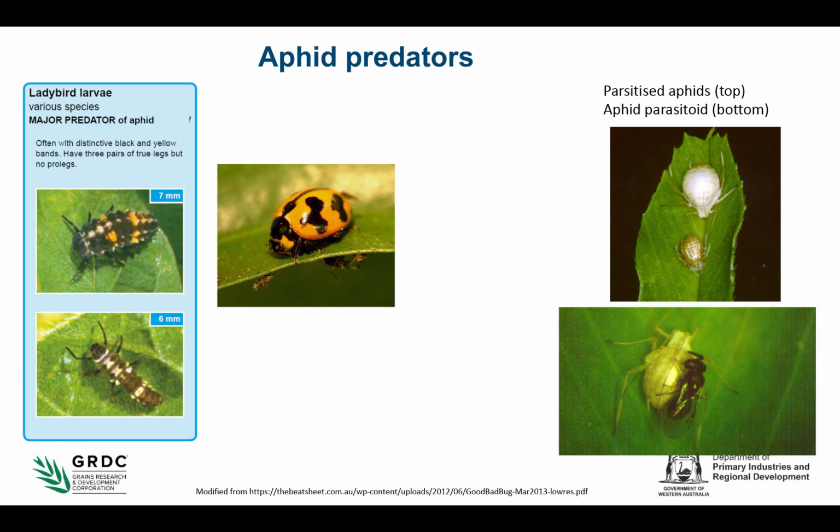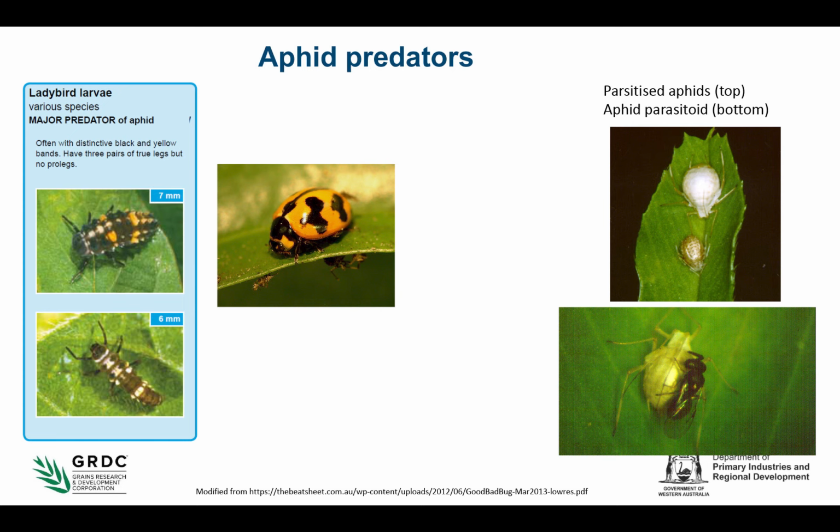The other thing, if you look quite closely in paddocks where you have quite a few aphids, you'll see these grubs which are black and yellow. They're the larval stages of ladybirds. Our most common ladybird in our landscape is the transverse ladybird. What you might also see, and this is a blue-green aphid, is one that's quite large and bloated and a bit white in colour.